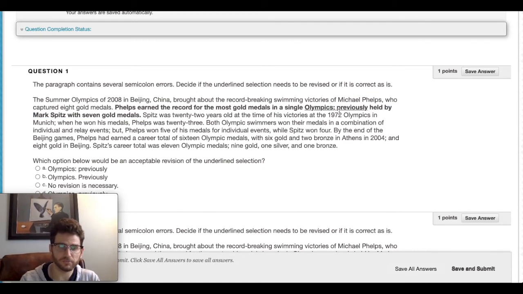Okay, so the subject is missing, and held here would not be a complete verb. We need a helping verb. We need something like was held. It was previously held. That would make this an independent clause, but both of those, subject and verb, are missing, so this would not be an independent clause. This would be a participial phrase. So not two independent clauses, therefore not a good use of a semicolon.